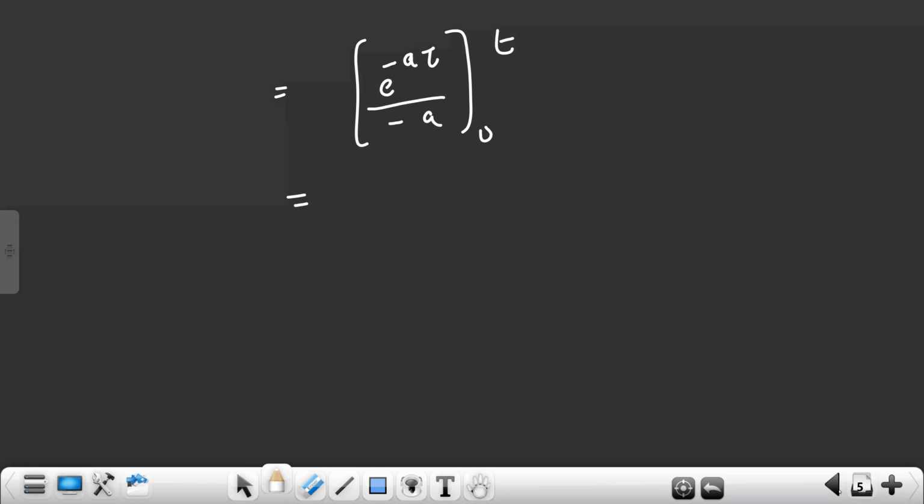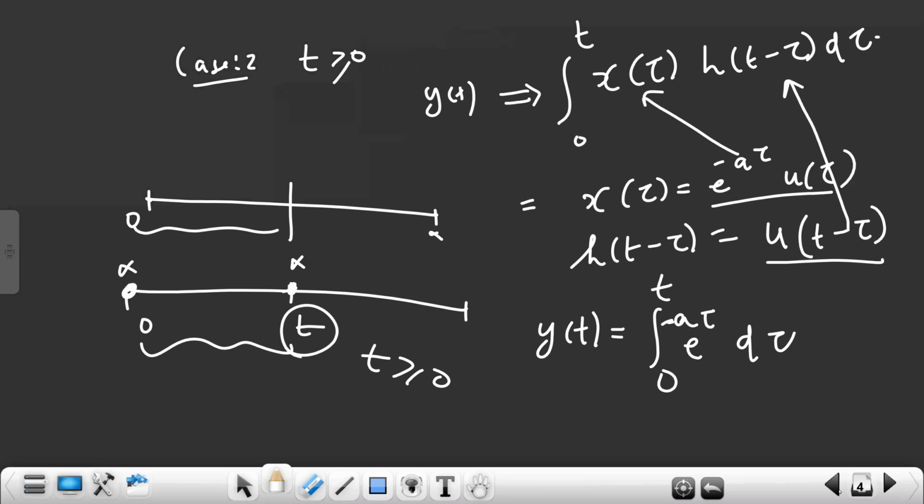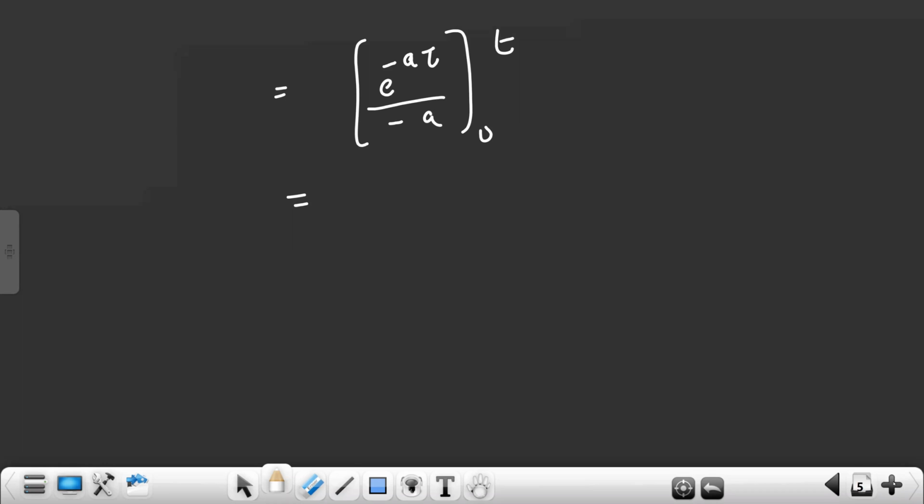So when you integrate this, e raised to minus a tau divided by minus a is your integral, and you apply your limit from 0 to t. First I'll take minus 1 by a, a constant, outside. Then you apply the upper limit: e raised to minus 8t, minus the lower limit e to the power 0.